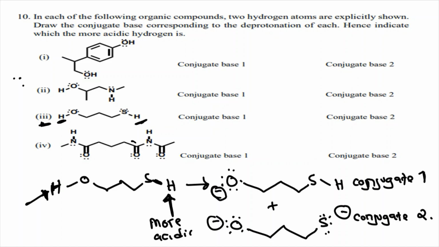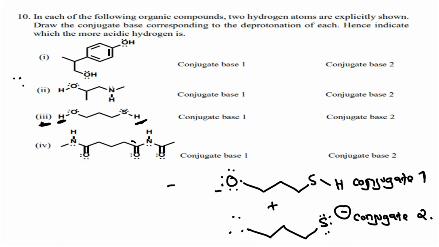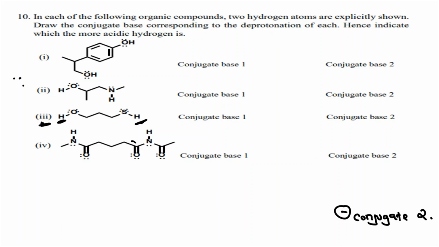10.3. Question 10.4. So first of all, they're asking us to draw the conjugates. Conjugates are formed when an acid loses a proton, it loses a hydrogen. So you form a conjugate base. So the structure is this one here.